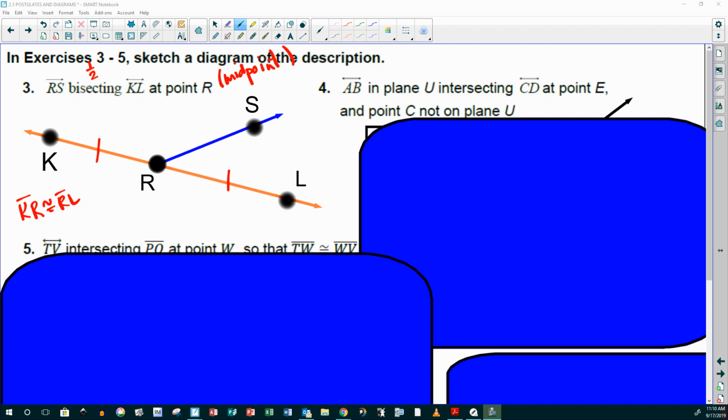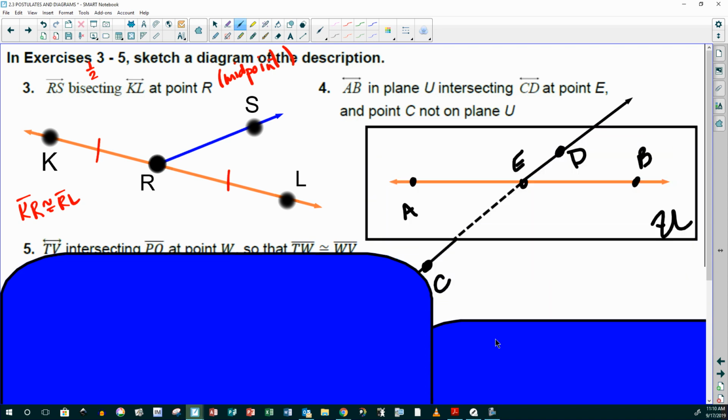All right, the next one says that I have a line. It's in a plane. It's intersecting another line at this particular point. So we have 2 lines that are intersecting. But the point on the second line is not on the plane. So how do you draw a line that's not on a plane? It has to be going through it.